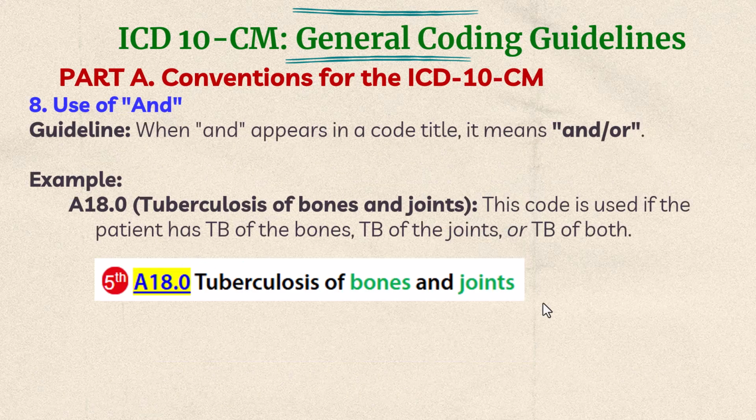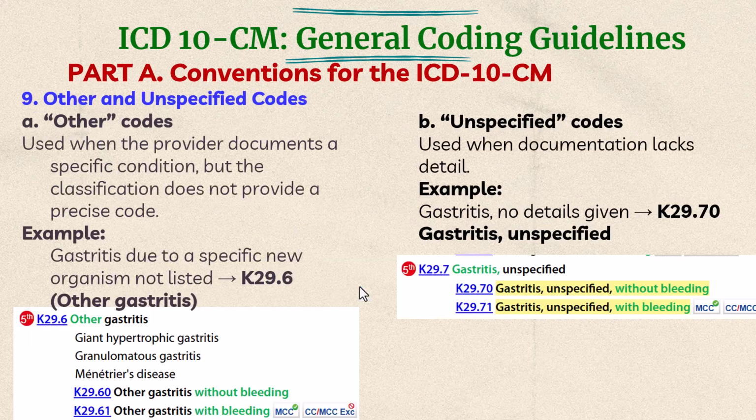Number 8, use of AND. When AND appears in a code title, it means AND or OR. For example, you can see this code A18.0, that is tuberculosis of bones and joints. This code is used if the patient has tuberculosis of bones, tuberculosis of joints, or TB of both. So for all conditions you can use the same code. Number 9, other and unspecified codes.